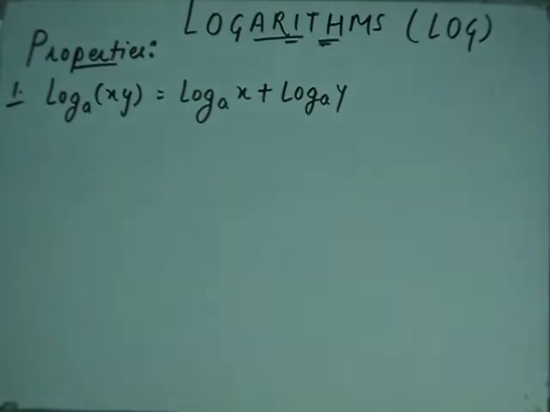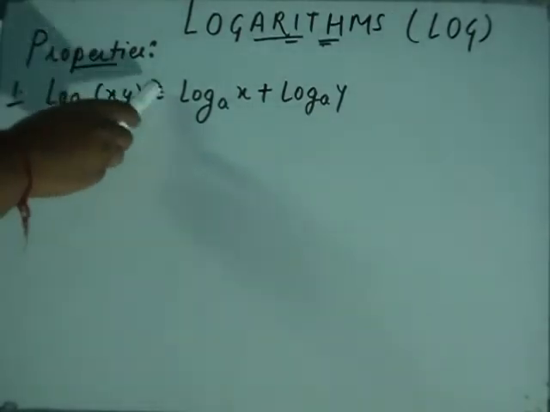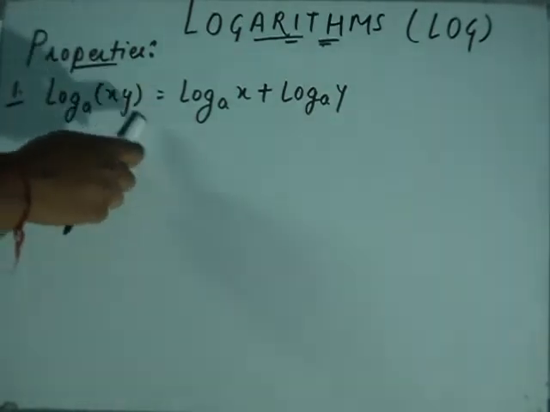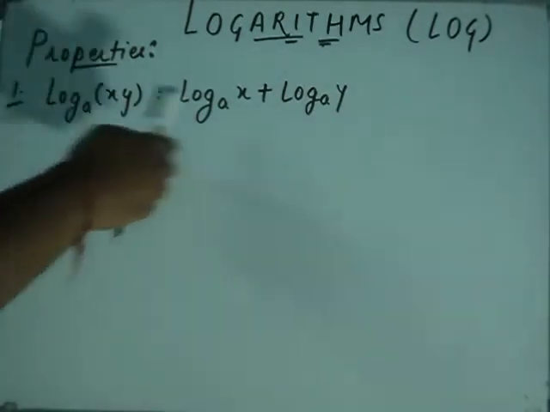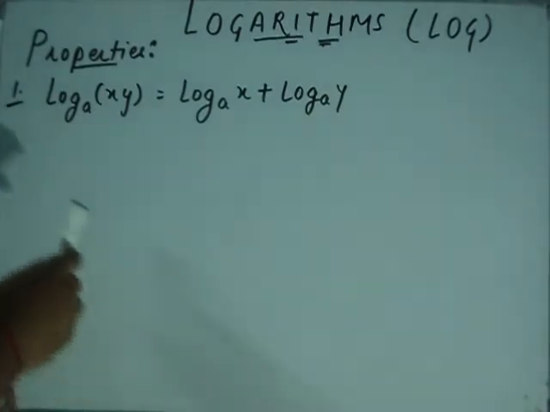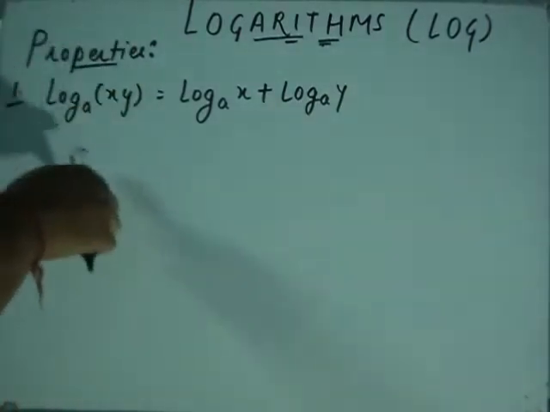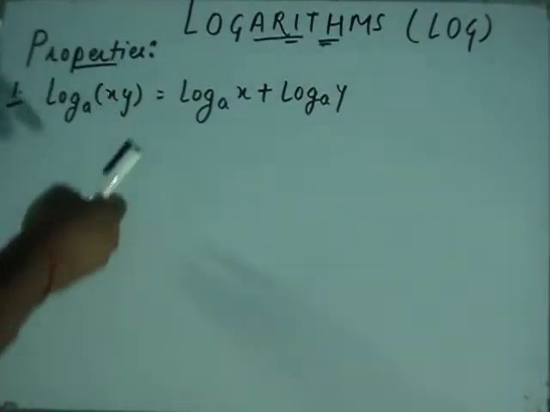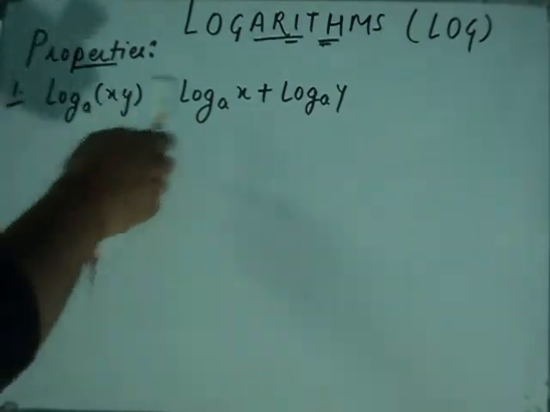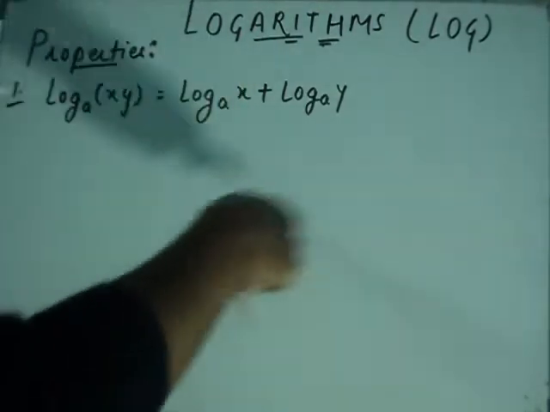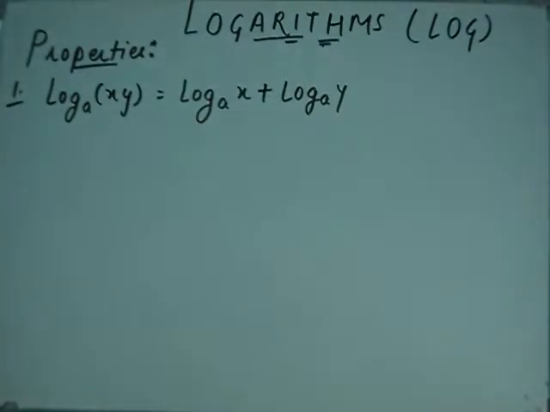When my base is this and I am getting two variables like x and y, we can split it into two forms like this. Maybe we are having one form and we can split it into two factors, and after that we will split into two terms, first term and second term.